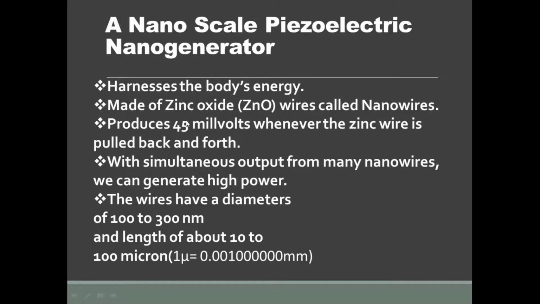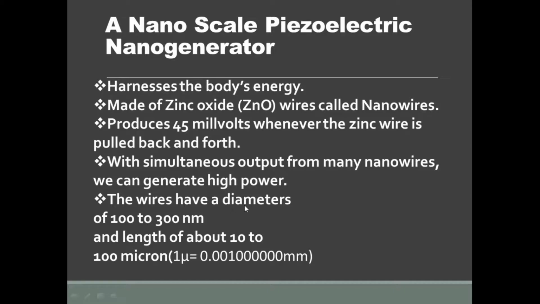This harnesses body movement using zinc oxide nanowires. Nanowires produce 45 millivolts whenever the zinc wire is pulled back and forth. With simultaneous output from many nanowires, we can generate high power.